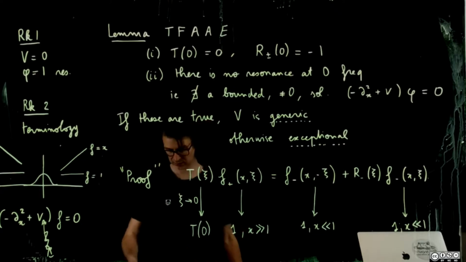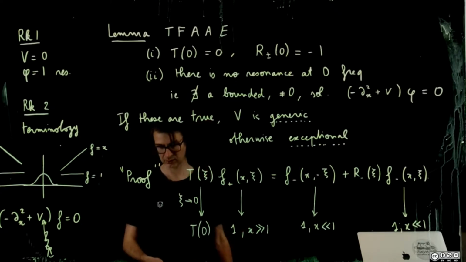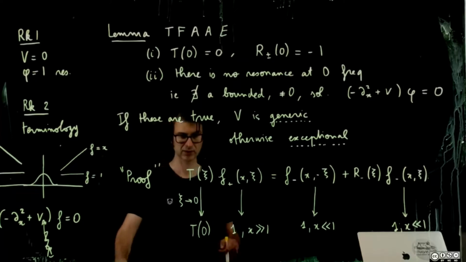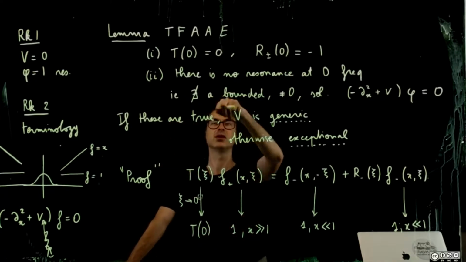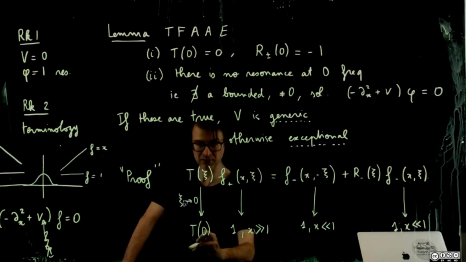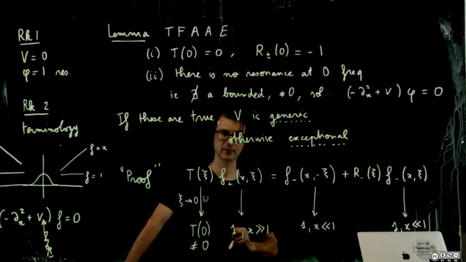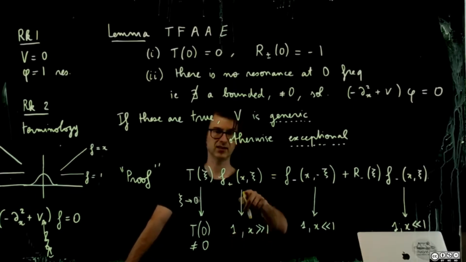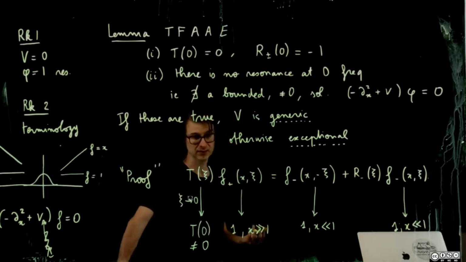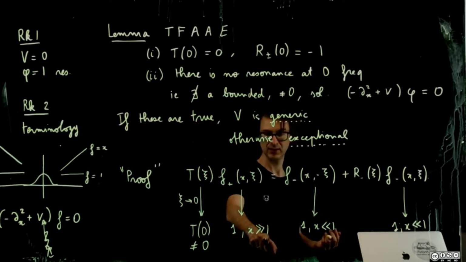So let's see. Okay, how do I want to put it? Right. So let's do the contrapositive. So if T of 0 is not 0, say, then on the left-hand side, you have a function which is bounded for x much bigger than 1.